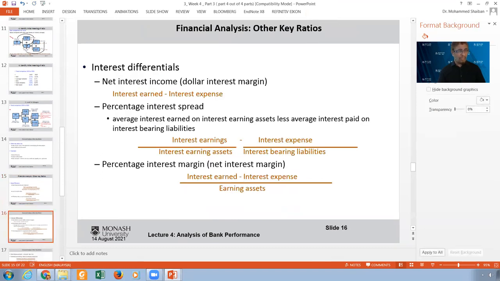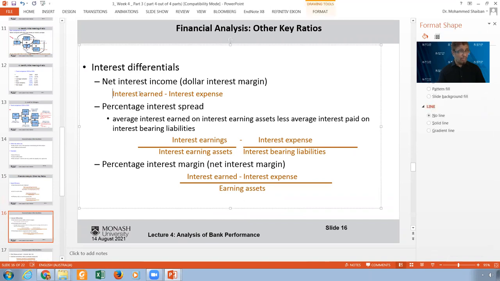Then we have the net interest income, which is the difference between the interest we earn minus the interest we pay. And this is one of the interest differentials, we call it. We have another ratio for interest differential, which is the percentage of interest spread, which means you take the interest earnings over the interest earning assets. What do you mean by interest earning assets? Earning assets means not all the assets, only the loans and our investments.